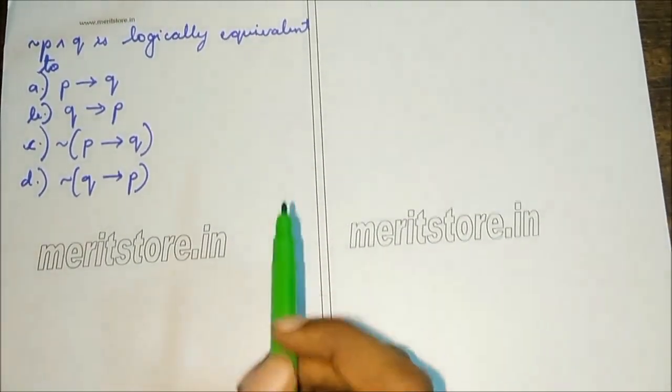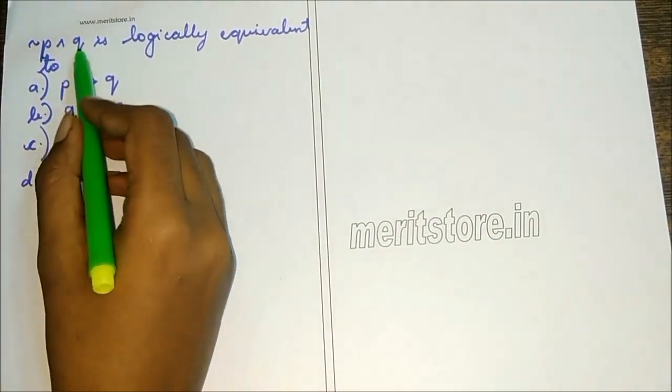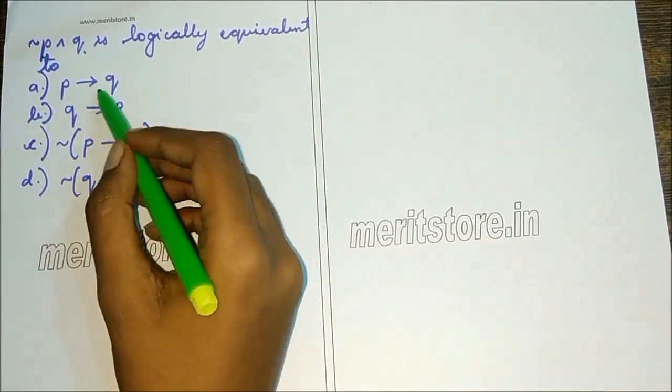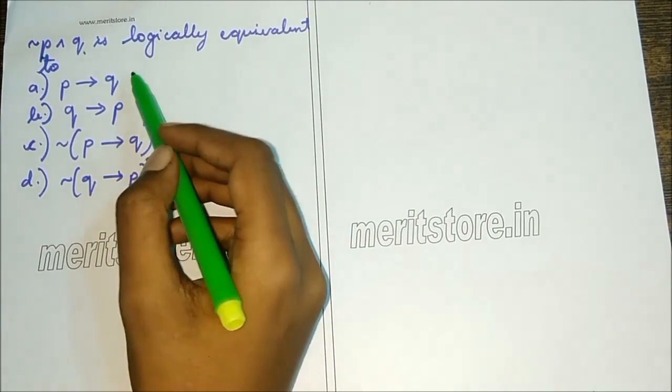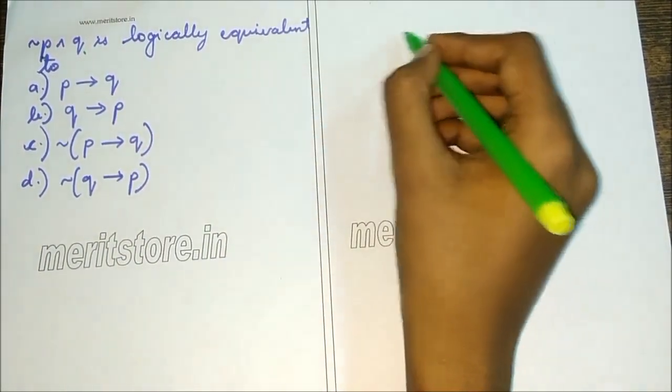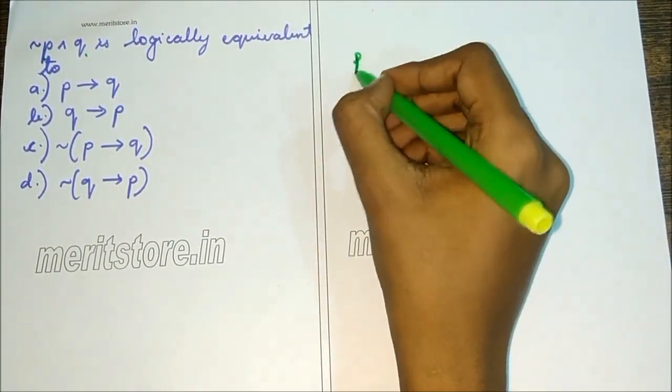Now we have to find the logical equivalent of negation of P and Q. Since all the options use the implication condition, we'll write the formula again.